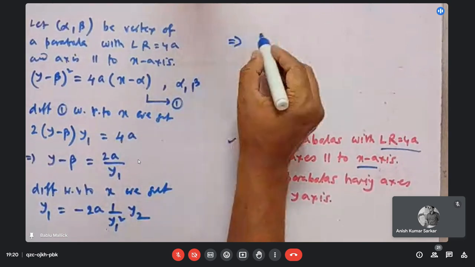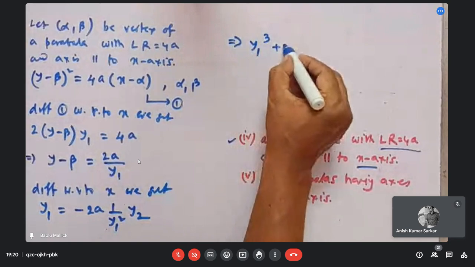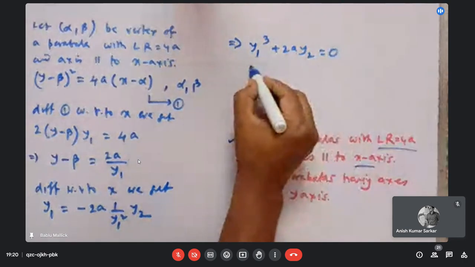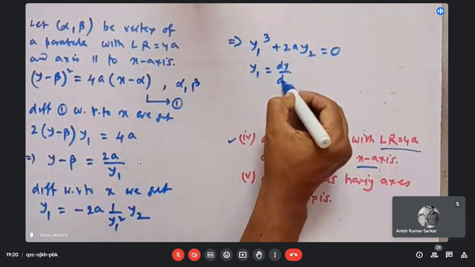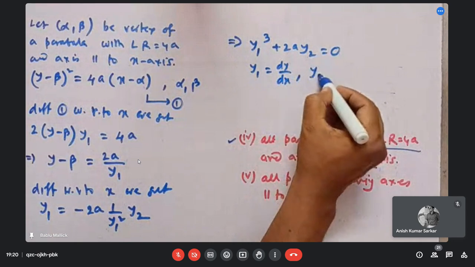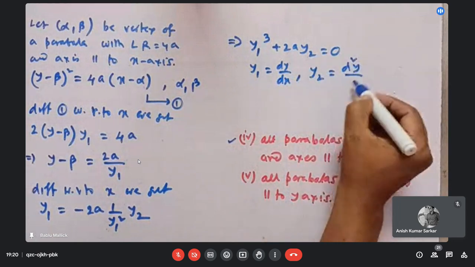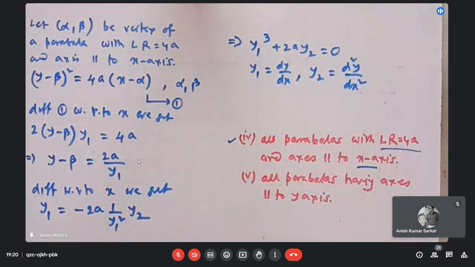So this gives you y1 cube plus twice a into y2 is equal to 0, where y1 is equal to dy by dx and y2 is equal to d2y by dx2.